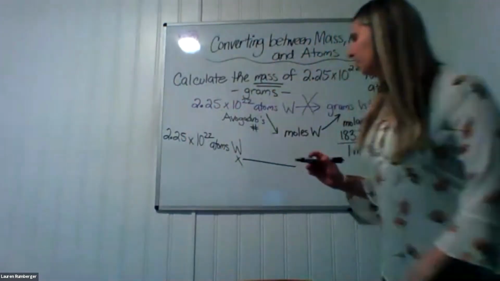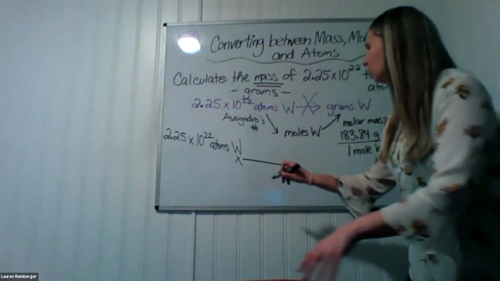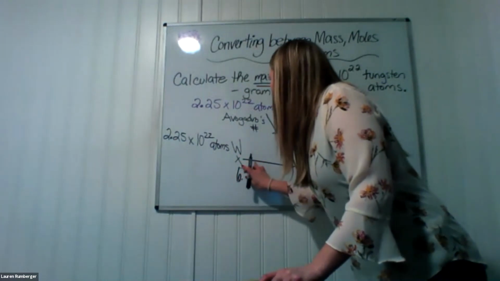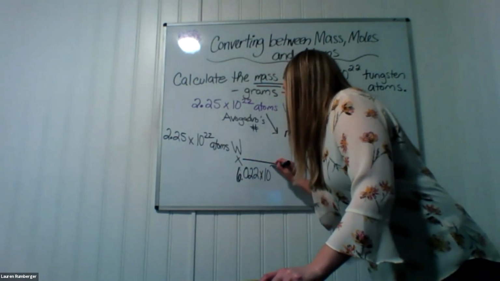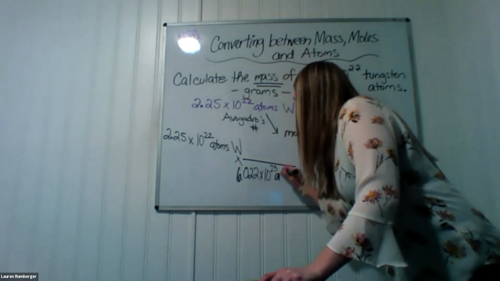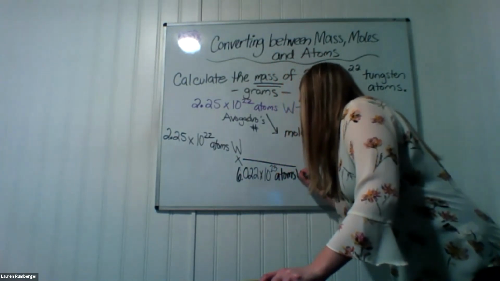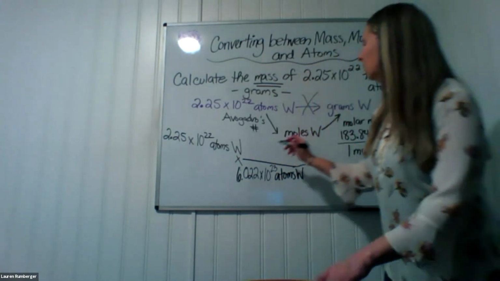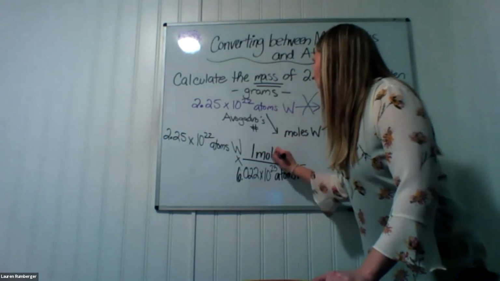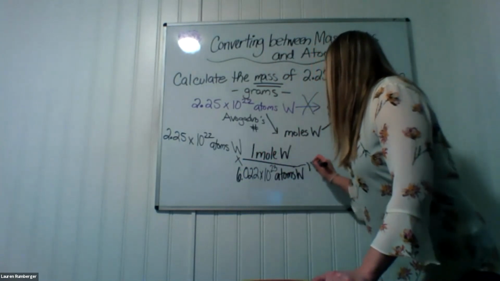So our first step is going to be putting Avogadro's number on the bottom, 6.022 times 10 to the 23rd atoms of tungsten per 1 mole of tungsten.